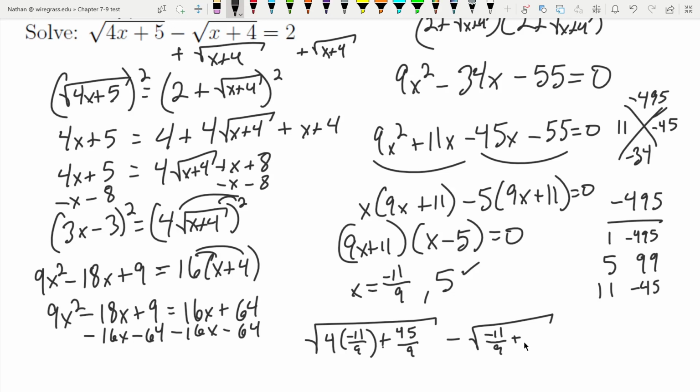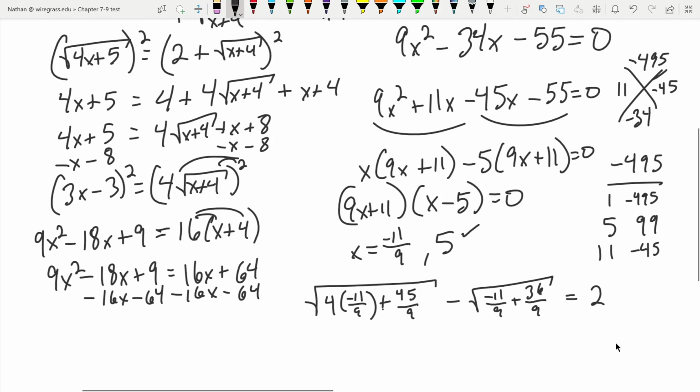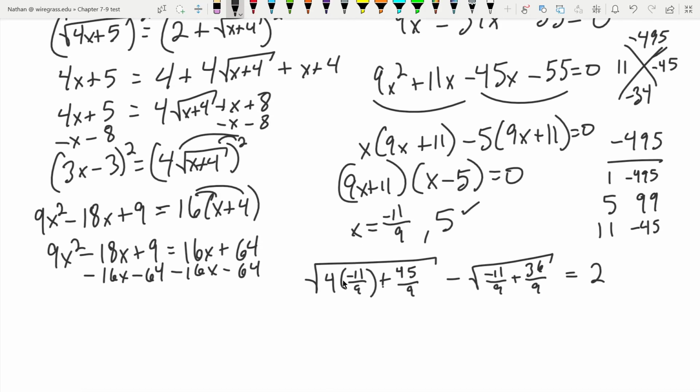It's going to give me 36 over 9. Okay, so I get minus 44 over 9 plus 45 over 9 is going to be 1 over 9. 36 minus 11 is going to be 25 over 9.